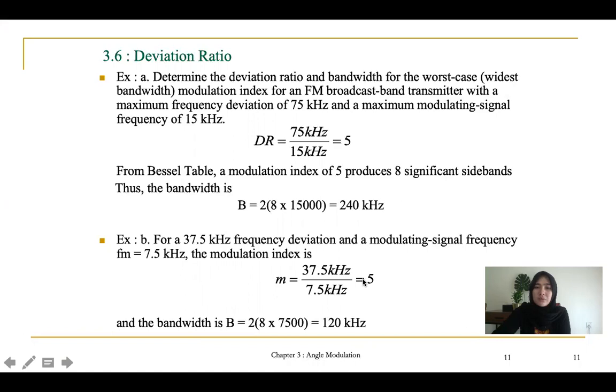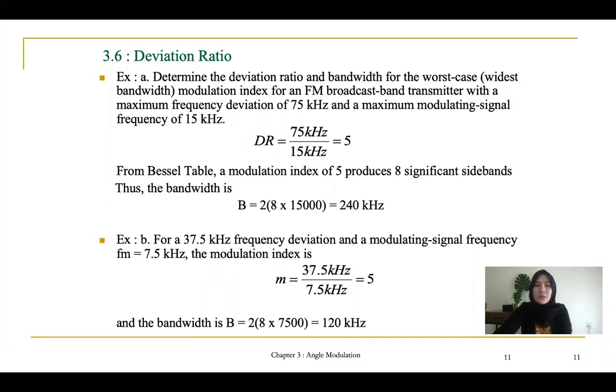Previously we referred to the Bessel table: when M equals 5, the number of significant sidebands is 8. Using the same formula, B equals 2n Fm, you put in the values and you get the bandwidth of 120 kilohertz.